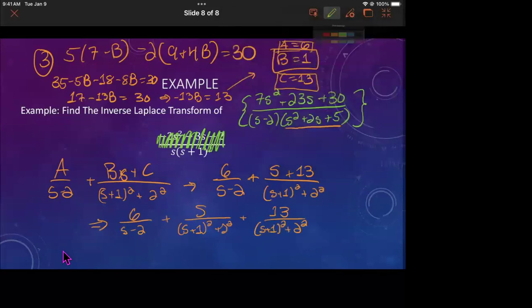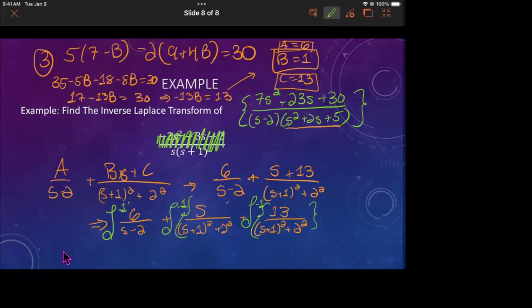Now the last piece is just to take the inverse Laplace transform of these three quantities. So we're going to take the inverse Laplace transform of these. The first term equals 6 over s minus 2.